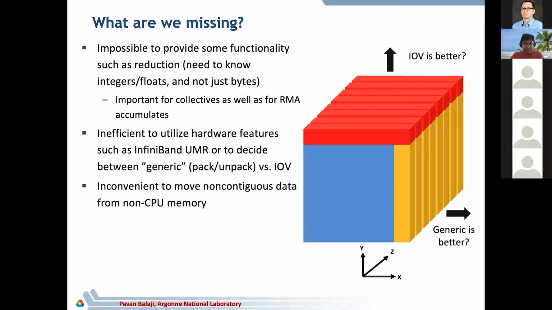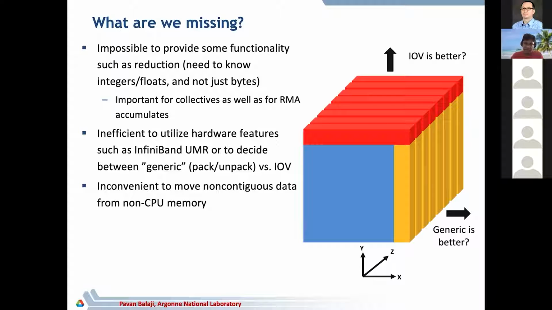And the next point is it's inconvenient, possible, but inconvenient, to move non-contiguous data from non-CPU memory. So this is one of the problems we are running into with MPICH as well, where when we want to use a generic type, the temporary buffer that UCX provides to MPICH resides on the host. I know that Devendra and Akshay and others are working on an alternate implementation where the temporary buffers can be on a specific GPU device.